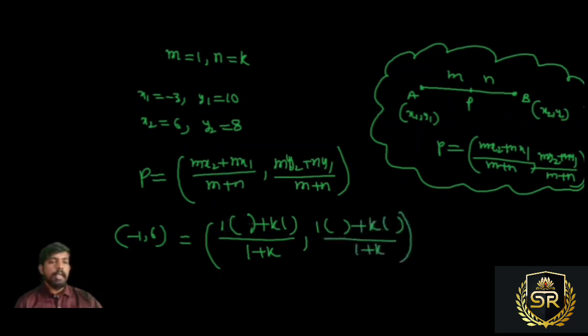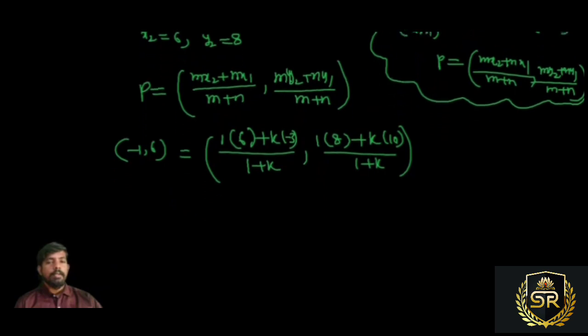Okay, x2 value is 6, x1 is minus 3, y1 is 10, y2 is 8. So from here, what is it? 6 into 1, 6, minus 3 into k, minus 3k by 1 plus k, comma 8, 10 into k, plus 10k by 1 plus k.